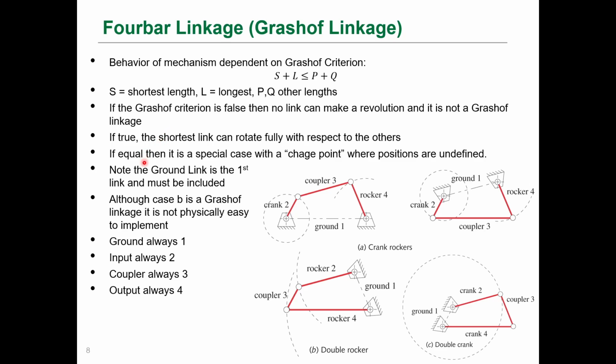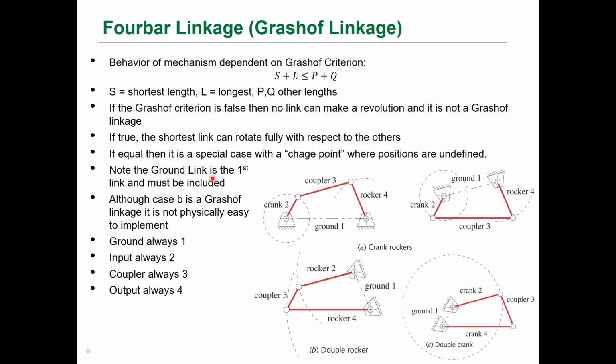Okay, if they're equal, it's a special case where it's a change point, not a charge point, but a change point, where the positions are undefined. So a change point is basically where, with a mechanism, you don't know where it's going to go once it moves from that point. Okay, because there's 2 paths that the mechanism could go.